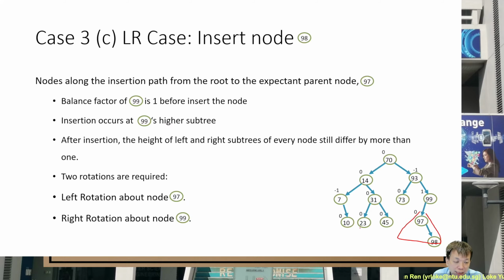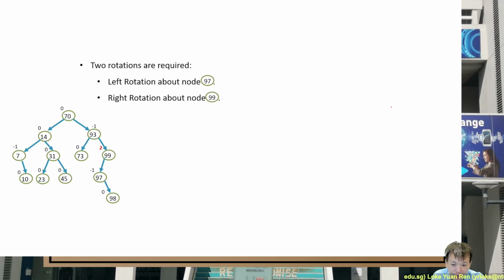In this case, you need to do two rotations. You need to do the left rotation. Obviously 99 is still unbalanced. You insert additional nodes to the higher subtree, so definitely node 99 will become unbalanced.